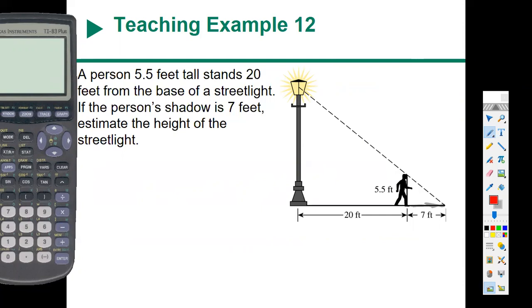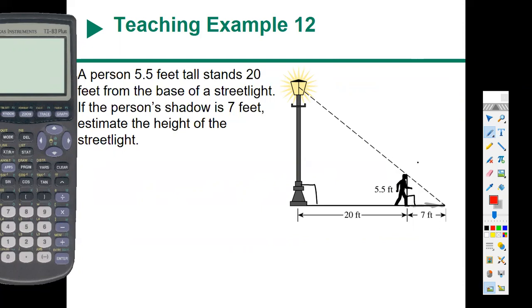Okay. So setting up a proportion, for example, here, it says a person is 5.5 feet tall and their shadow is 7 feet from the street light, and it wants to know approximately how tall is the street light. Remember in geometry you learned that all right triangles are proportional to each other.